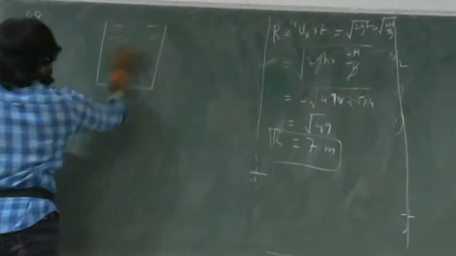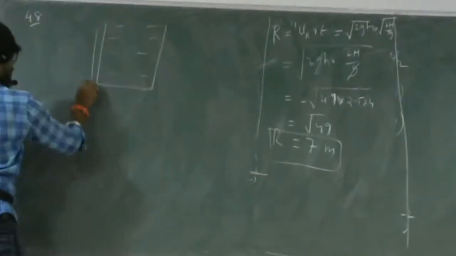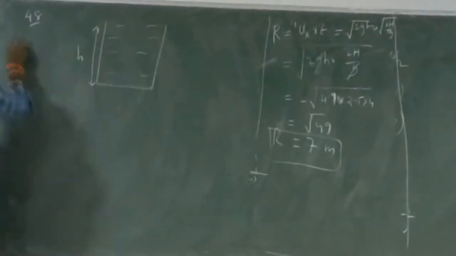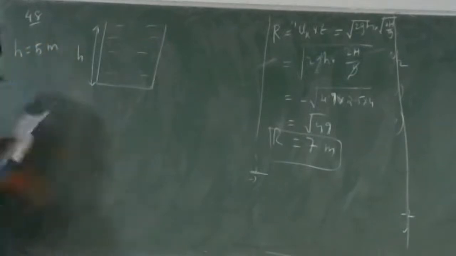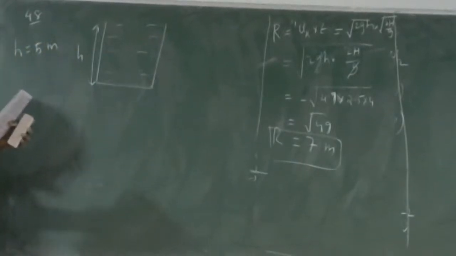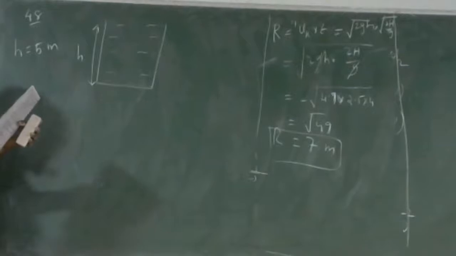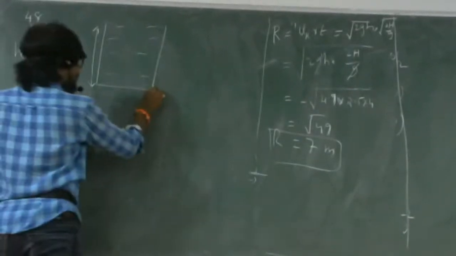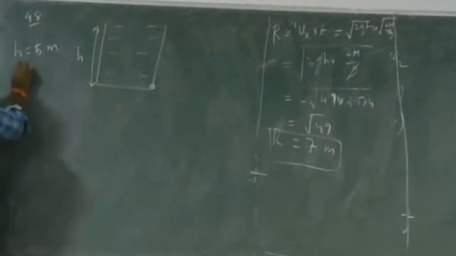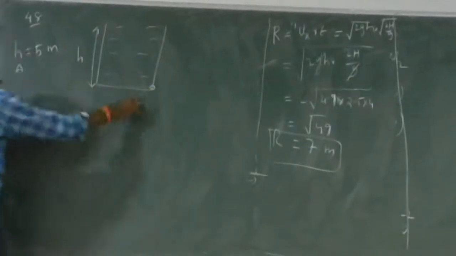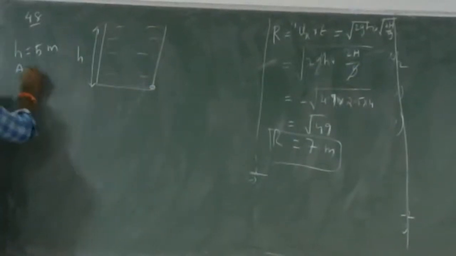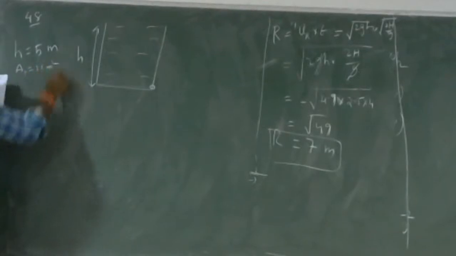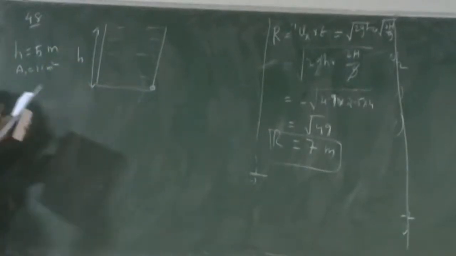So it is filled with water to a height h, where h is equal to 5 meter. The hole of area of cross section 1 centimeter square is made at the bottom of the tank. You can take this as area A1, equal to 1 centimeter square.